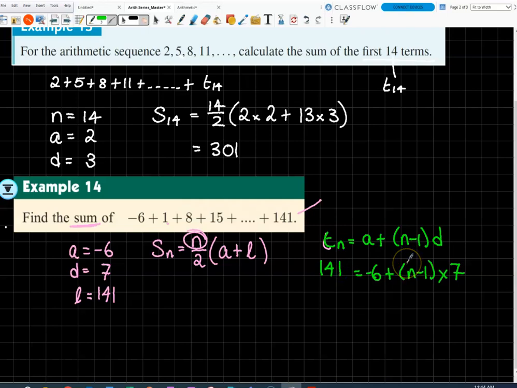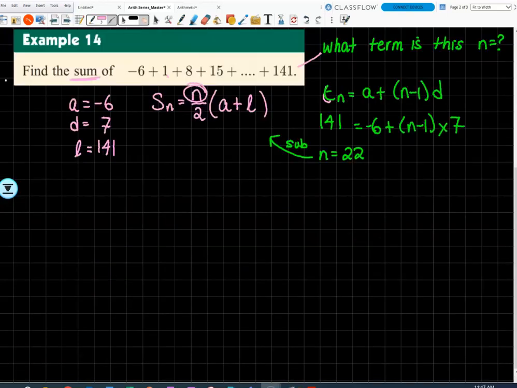We could now find out what the nth term is, isn't it? Let you digest that. So now that we have n, we can now substitute everything in there. So we can get the sum is 22 over 2. A is the minus 6 plus your last term is 141. And there you have it.